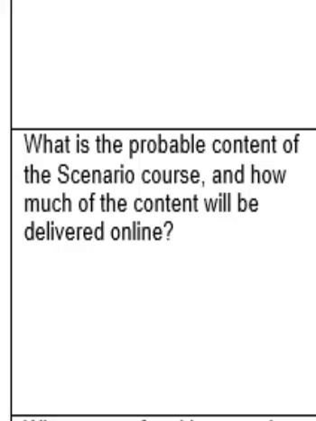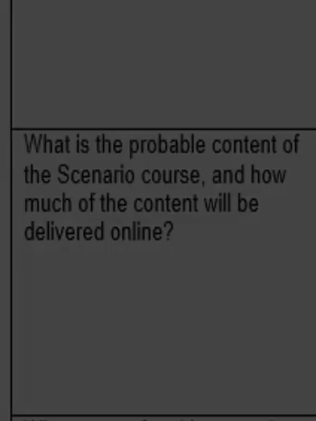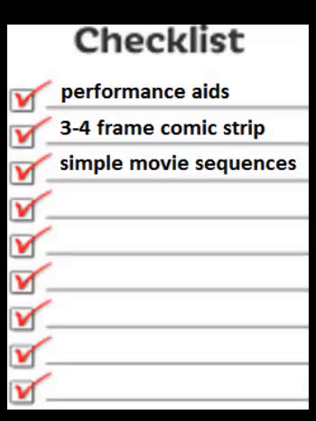What is the problem content of the scenario course, and how much of the content will be delivered online? The problem content is not your entire course syllabus. Rather, it is a brief list of the key content elements you think, at this point, you will need to include.